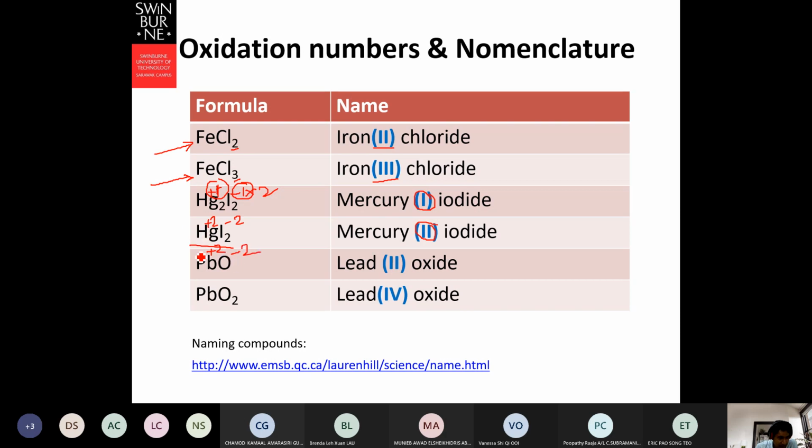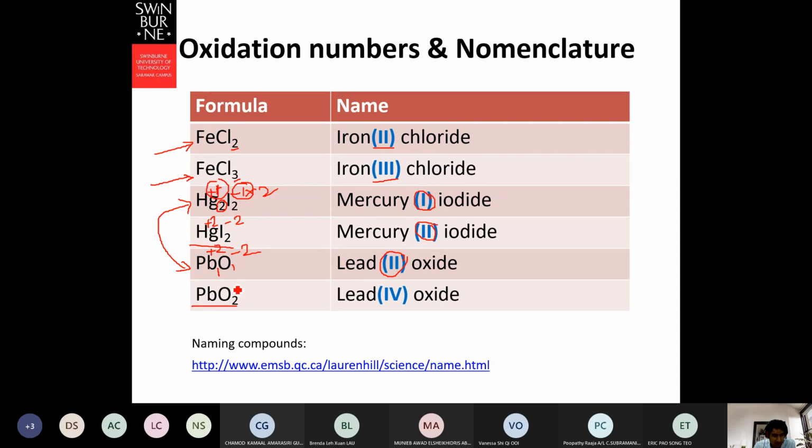So that is why it is lead 2 oxide. So these 2 are different, right? Here, although there are 2 atoms, each of them carries 1 positive charge. Here, one atom carries 2 positive and negative charge.